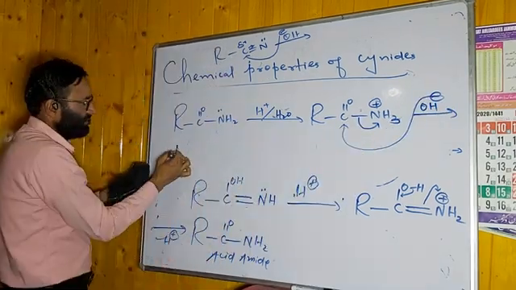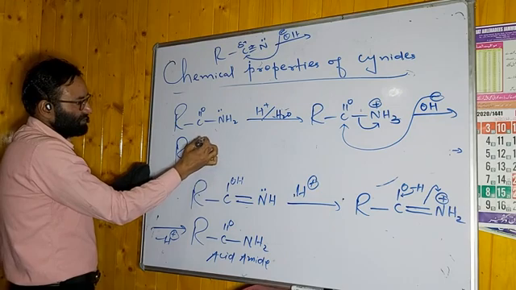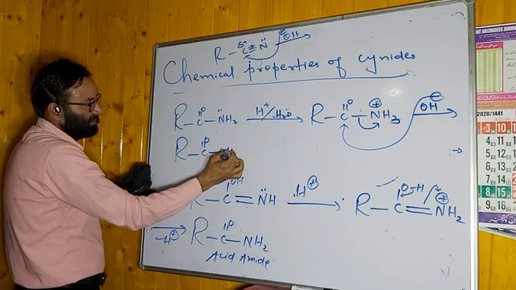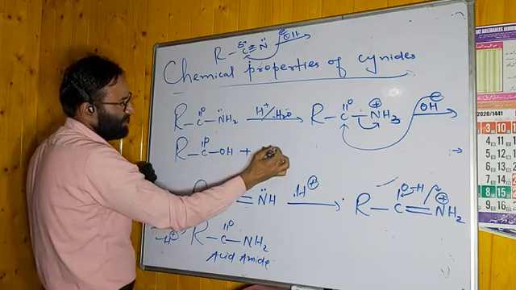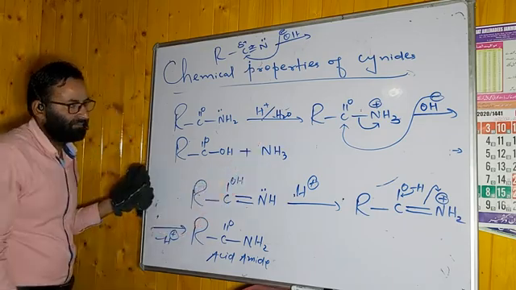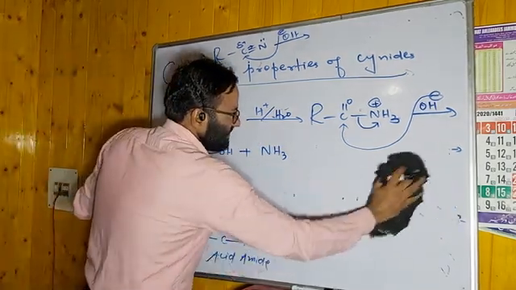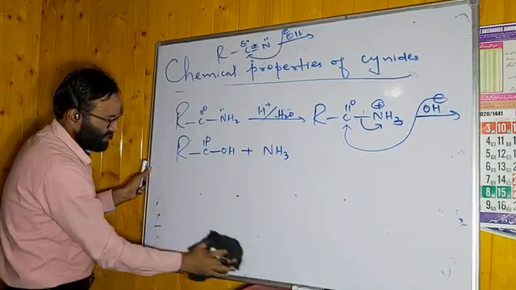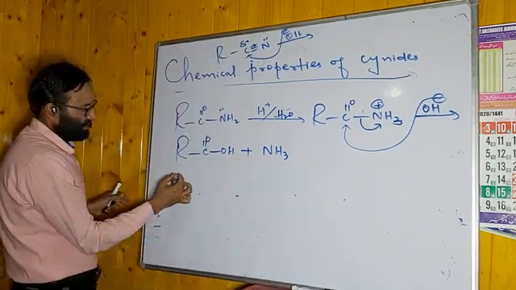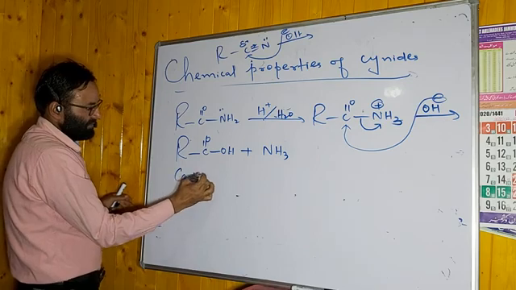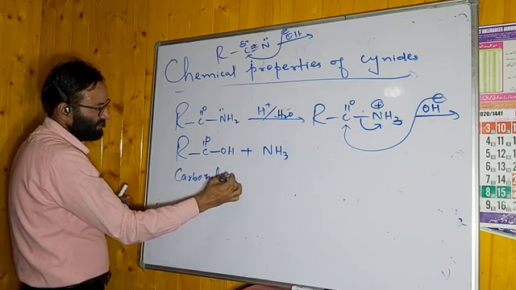What you will have is R-C double bond O-OH plus you will have NH3. Remember this point, beta. This is the complete mechanism of this reaction. But here you have to mention two things. This is carboxylic acid. This is the complete hydrolysis, carboxylic acid.